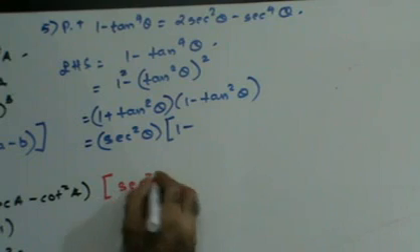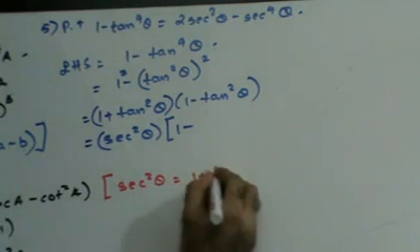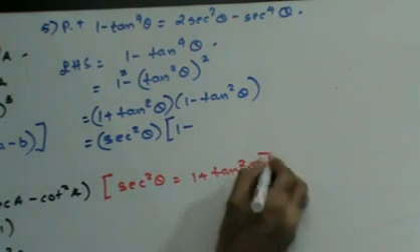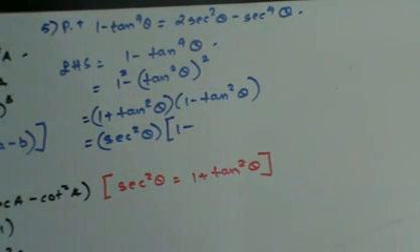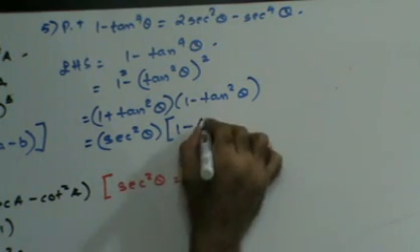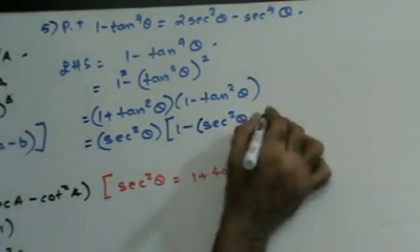We know that sec^2 theta is equal to 1 plus tan^2 theta. Now, if I take the 1 on the other side, sec^2 theta minus 1 will be tan^2 theta. So I am going to substitute tan^2 theta as sec^2 theta minus 1.